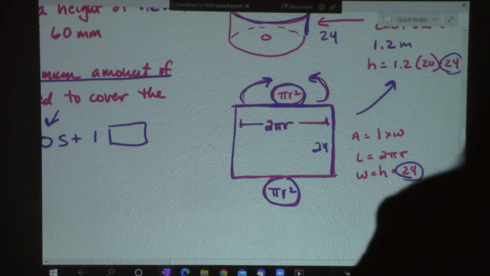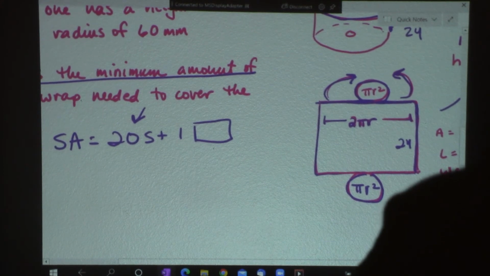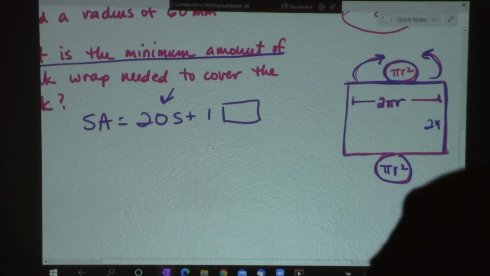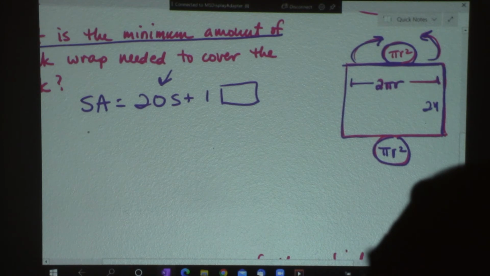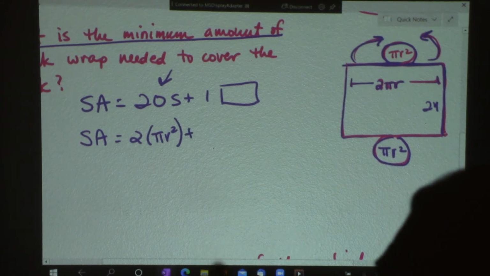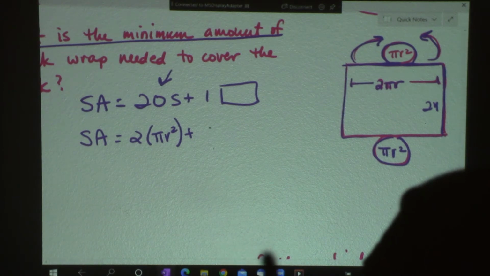Okay? So now, let's go back and look at both of these. So my area is going to be 2 circles plus 1 rectangle, which is length times width.